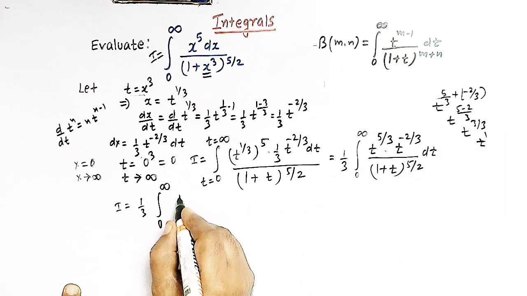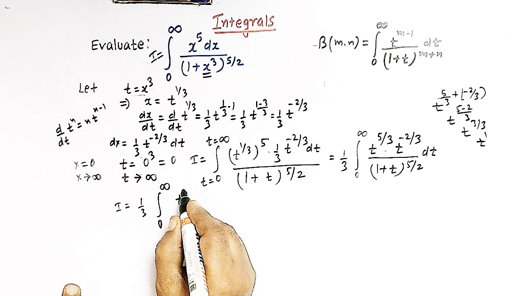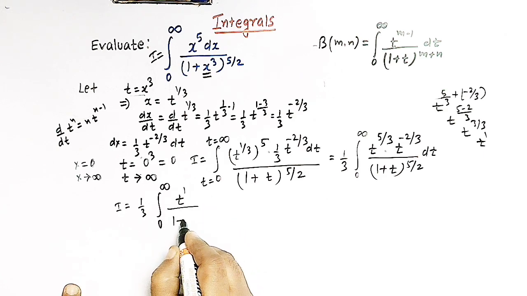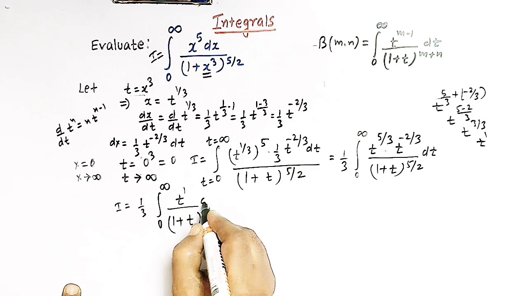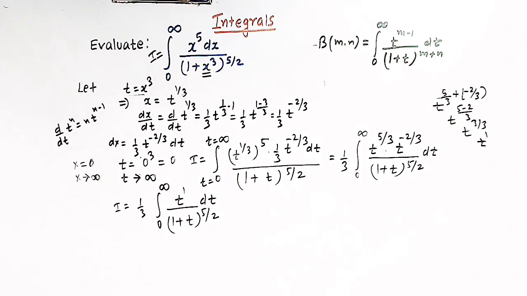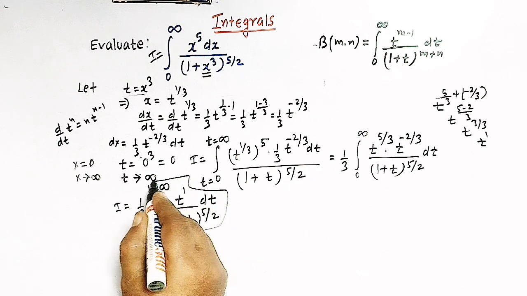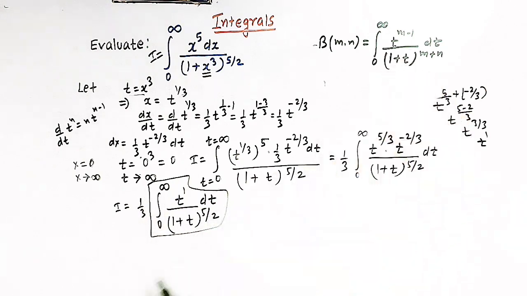So in the numerator we have t raised to 1, and here we have (1 plus t) raised to 5 over 2 dt.